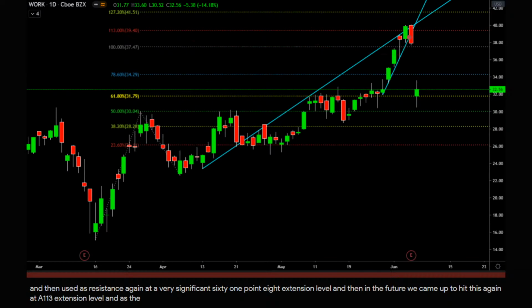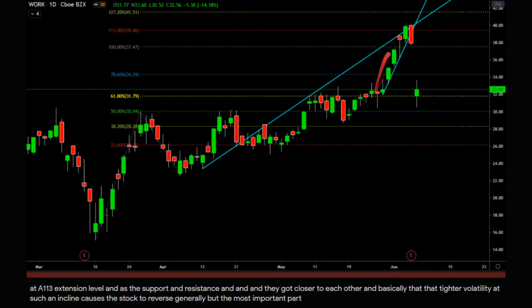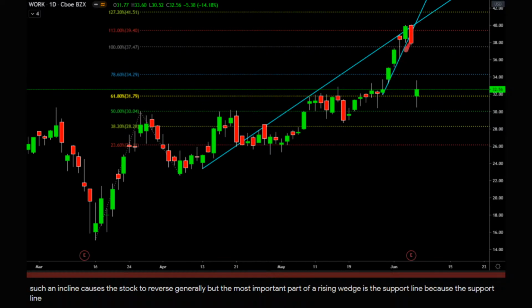As the support and resistance closed in on each other and got closer, that tighter volatility at such an incline generally causes the stock to reverse. But the most important part of a rising wedge is the support line, because the support line is the deciding factor of whether or not it changes trends.